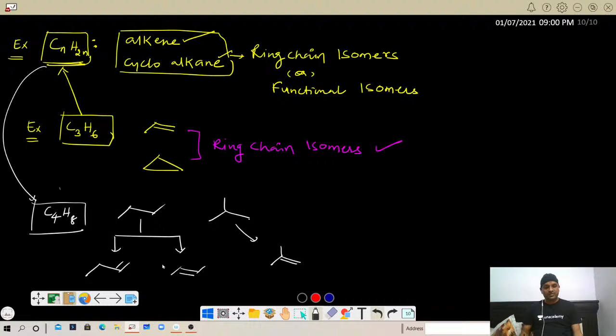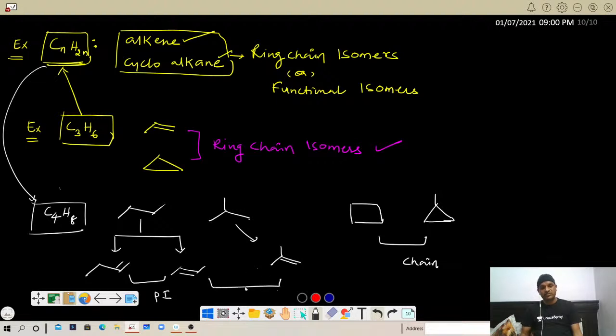Understood? Right. Now we can also write cycloalkanes, which means cyclobutane we can write, and methylcyclopropane also we can write. So these two are again which isomers? Chain isomers, because but and prop are both rings. And these two are again positional isomers.